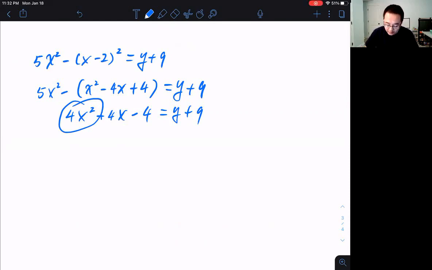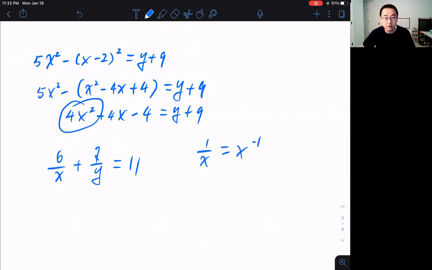And similarly, instead of just x having a higher power than 1, you can also have x with a lower power than 1. So, for example, you can have 6 over x plus 7 over y equals, let's say, 11. This is also not a linear function because if you remember, 1 over x is x to the negative first power, and 1 over y is y raised to the negative first power.